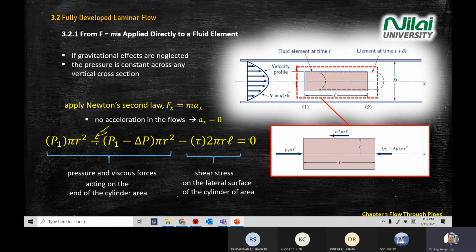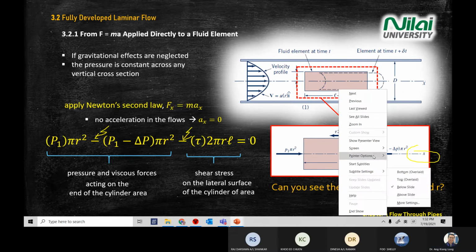Because the arrow is pointing opposite to the reference axis of X. That's why you have a negative sign here. And the negative sign for shear stress or shear force is because the direction is also opposite of the X equal to 0.